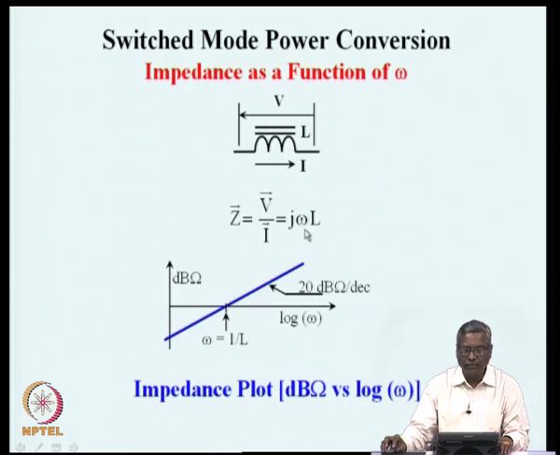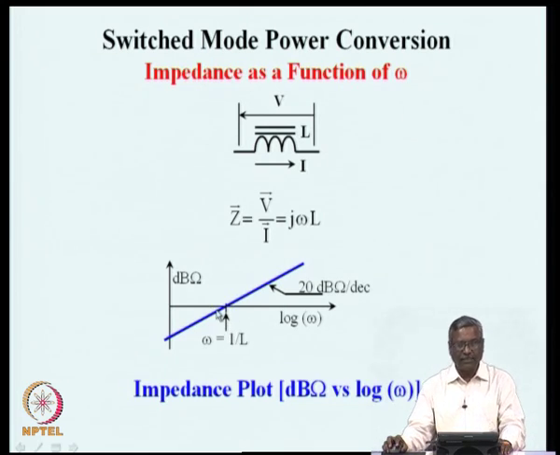So, 1 ohm is omega and L product is 1, which means omega will be equal to 1 by L. So, that is what you see, the 0 dB value of this ohmic value will be at a frequency of 1 by L. So, any inductance you can recognize in the impedance plot as a straight line with a positive slope of 20 dB crossing at 0 dB line at 1 by L.